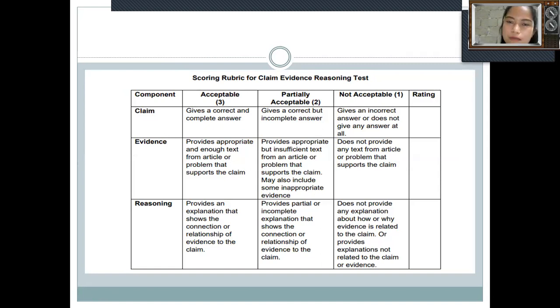For the claim, you should get the 3 points by giving a correct and complete answer. Evidence provides appropriate and enough text from the article or problem that supports the claim. Reasoning provides an explanation that shows the connection or relationship of evidence to the claim.